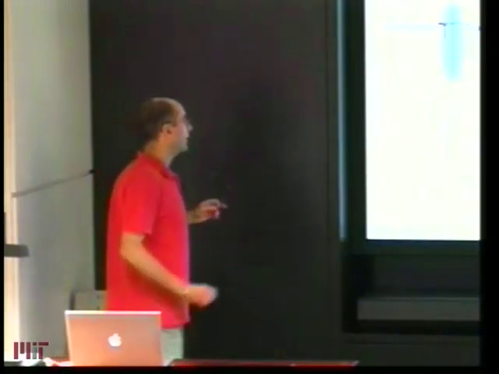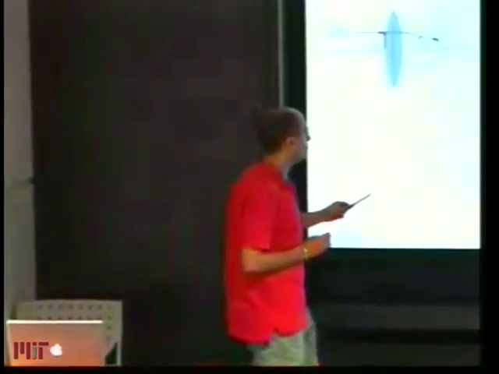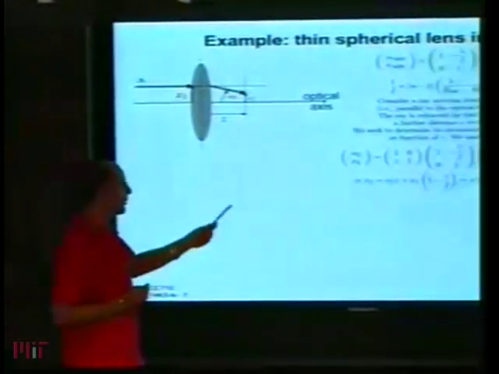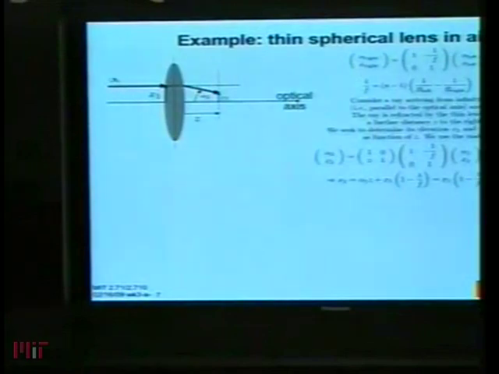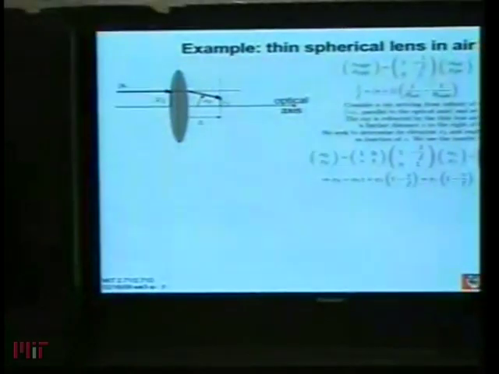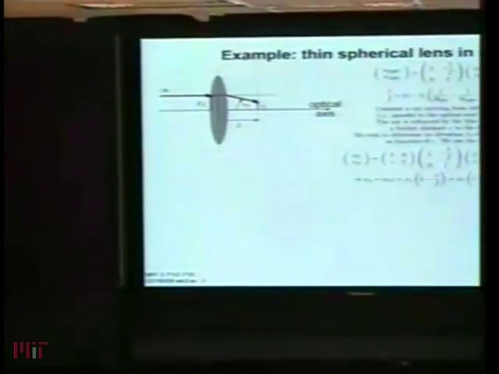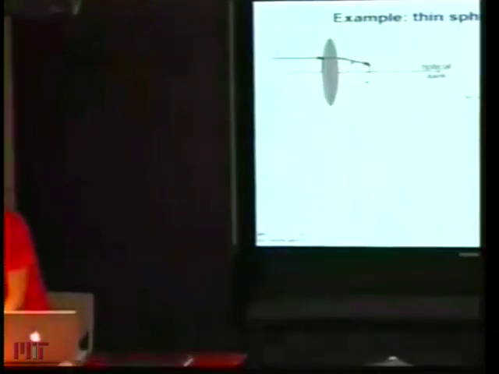So therefore, the elevation of the ray with respect to the optical axis is given by this equation. It is simply x2 equals x1 times (1 minus z over f). Okay? And we can see very easily over here that if z equals f, then x2 will equal 0.